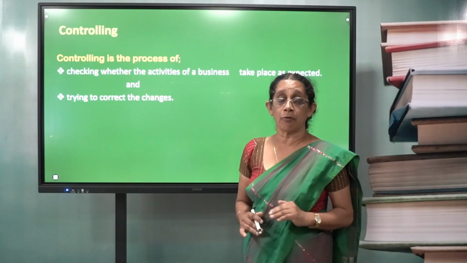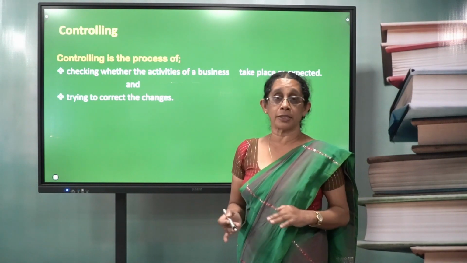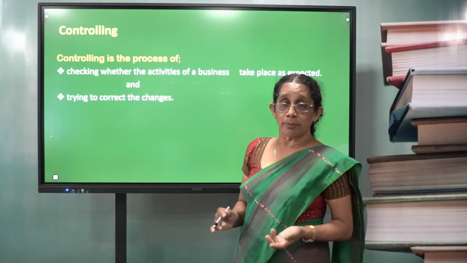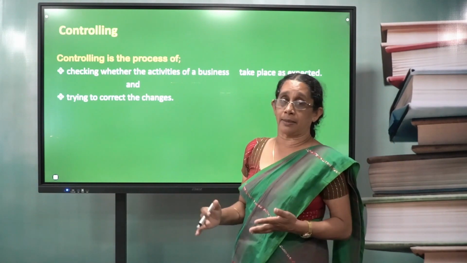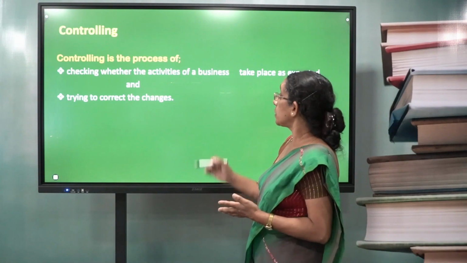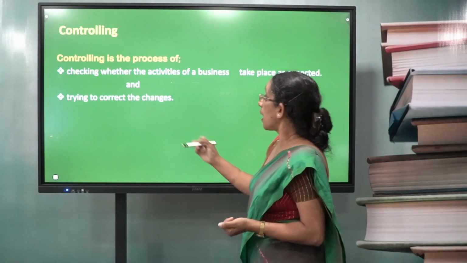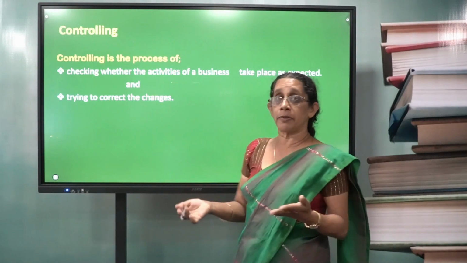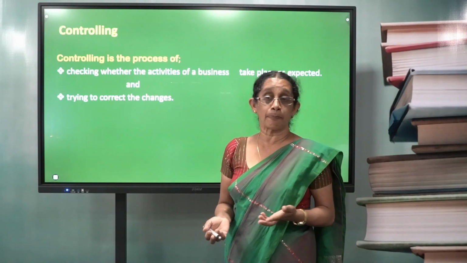Sometimes maybe what you have planned, you can't achieve. So the actual things you are doing may be different from your planned things. So you have to check it, and if there are changes, always you have to try to correct it. Imagine we take the same case in a business.